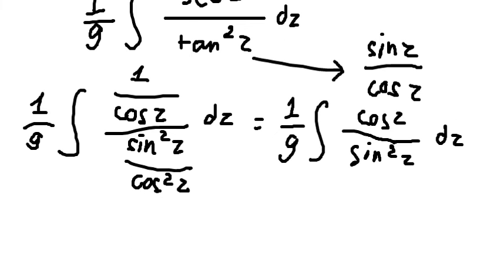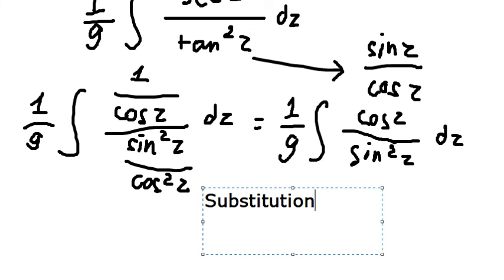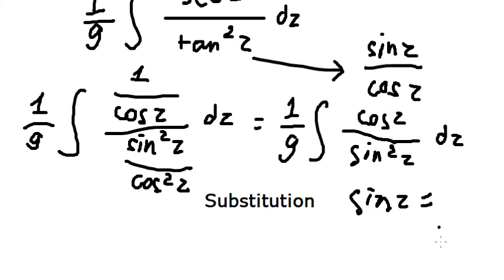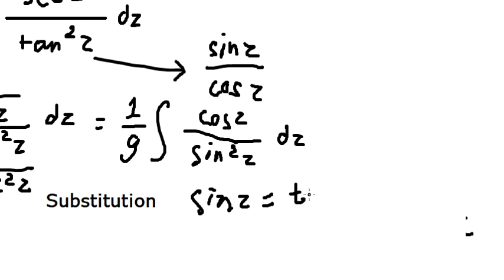This one we can use integration by substitution. So we put sine z equals t, and we do the first derivative of this one.